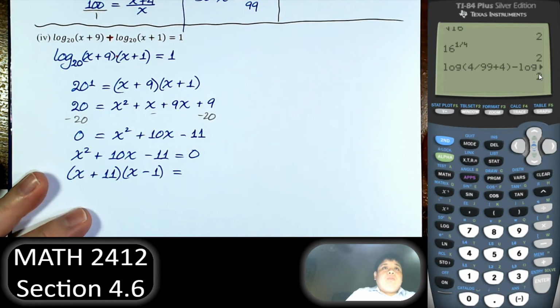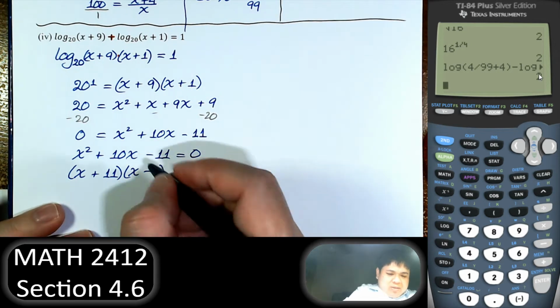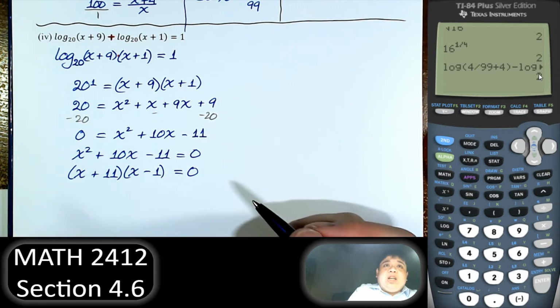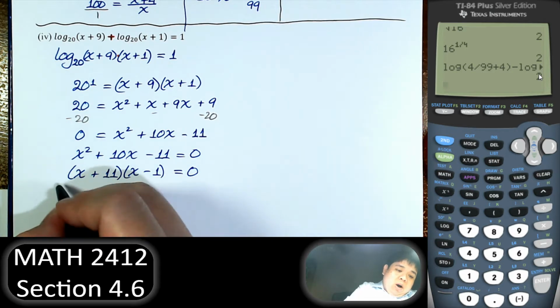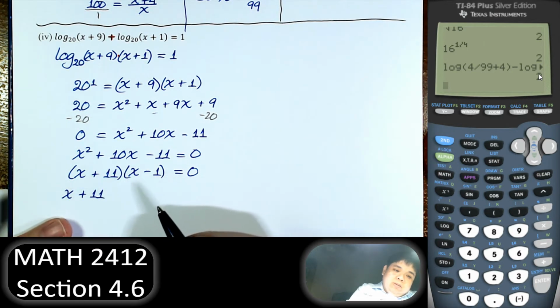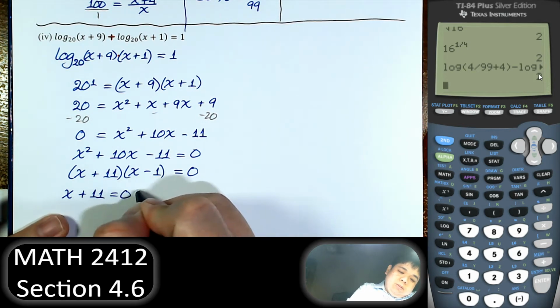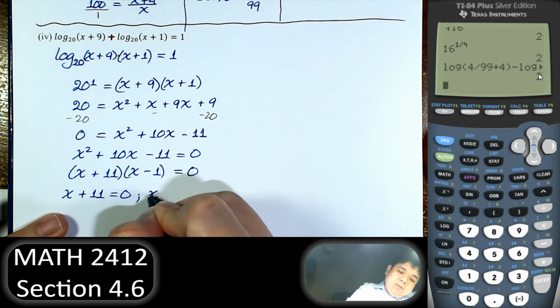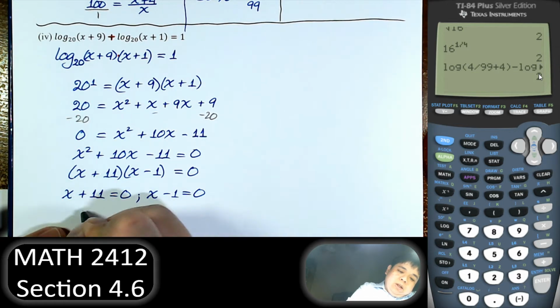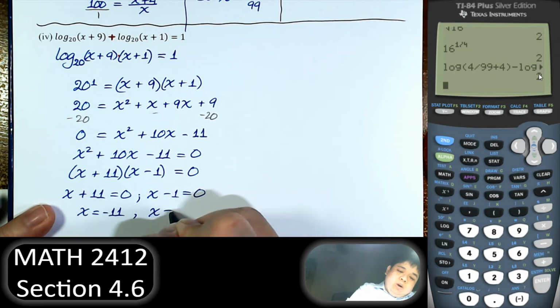When we multiply it out, that's negative 11, and when we combine we get 10x. Two things multiplied together equal to 0, so one of them must be 0. So x equal to negative 11 or x equal to 1.